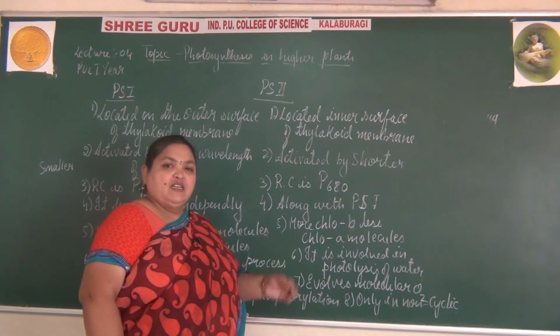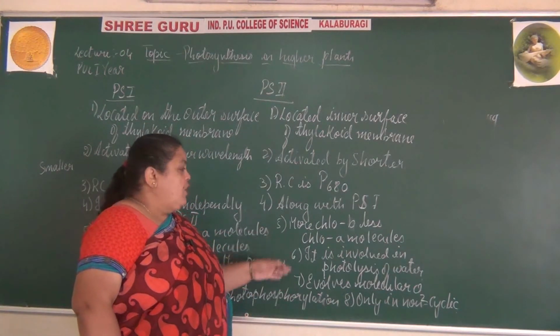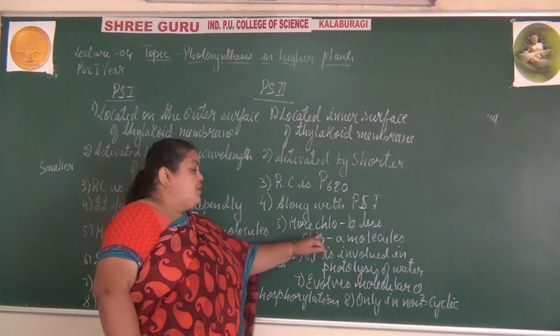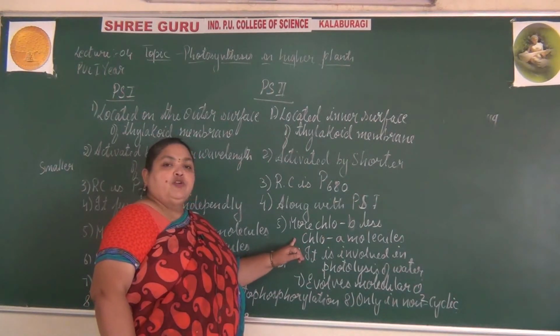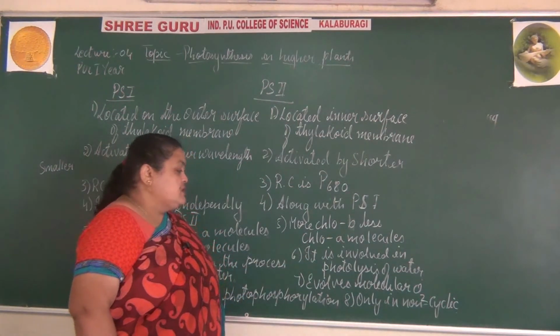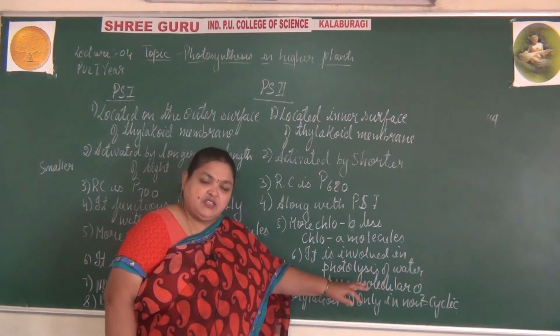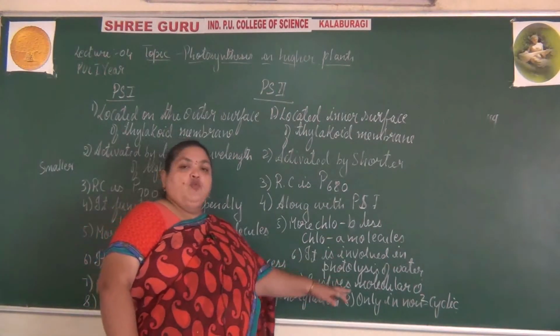It cannot function independently and has to depend on photosystem 1. It contains more chlorophyll B molecules and less chlorophyll A molecules. This is the first process of the light reaction, where there is splitting of water molecules.